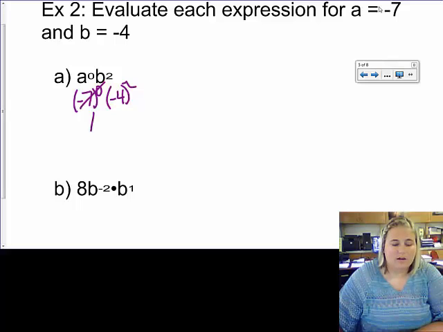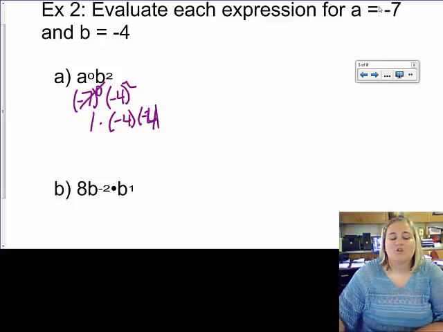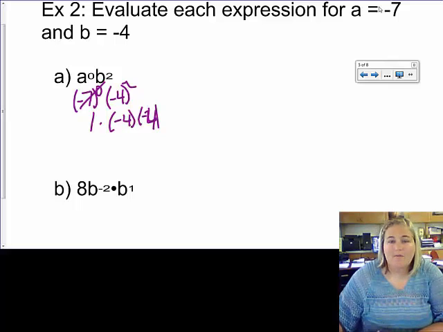So this is 1 times negative 4 squared, which means negative 4 times itself 2 times. I just wrote a 2 instead of a 4. Sorry about that. Negative 4 times itself 2 times because of that exponent of 2. So now what I have is 1 times negative 4 is negative 4. Negative 4 times negative 4 is a positive 16. Final answer.